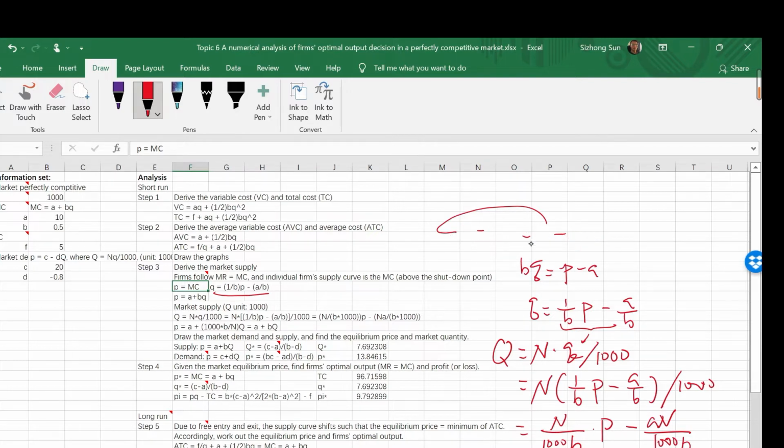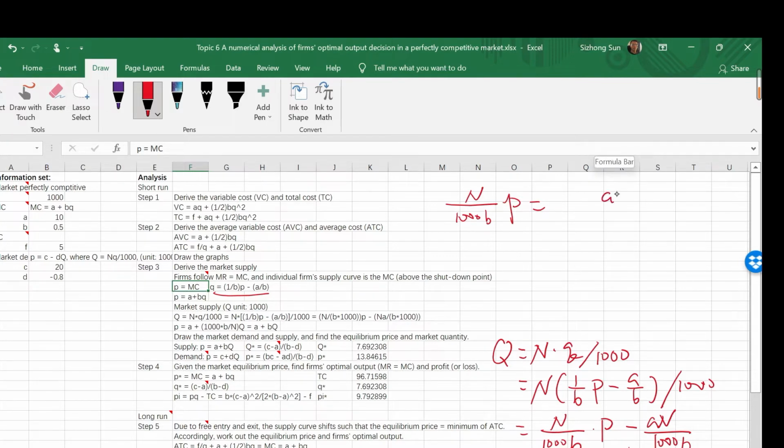Let's invert it, so write P as a function of big Q. Move this term to the other side, so A is equal to AN over 1,000 B plus Q, and divide both sides by these terms.